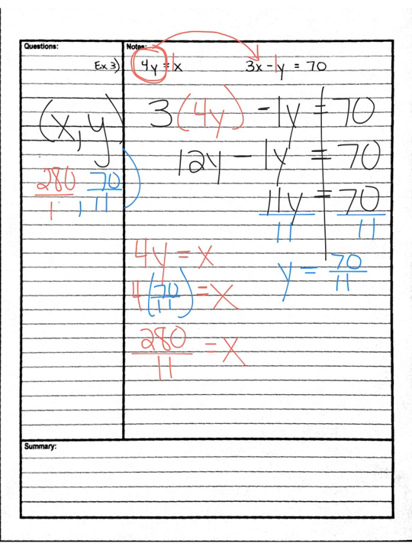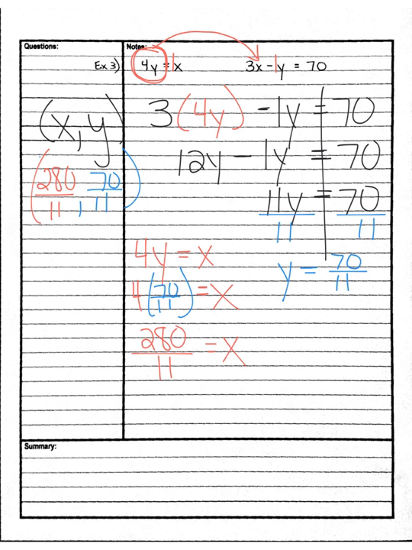This is not one you would want to ever have to graph. With that being said, that 280 divided by 11 for the x value and 70 divided by 11 for the y value, that would be where they would cross. That point, and we can have decimals on a graph, that point would be where these two equations would cross if you graphed them.